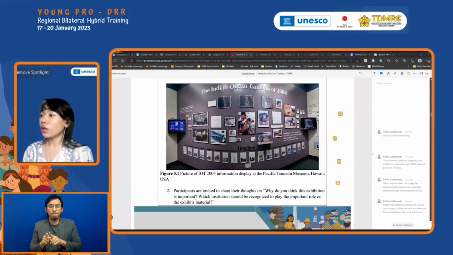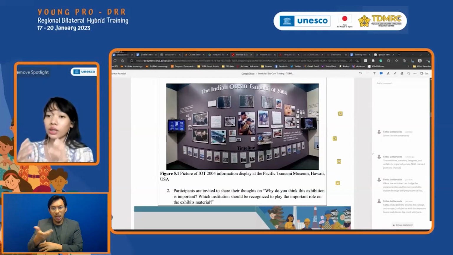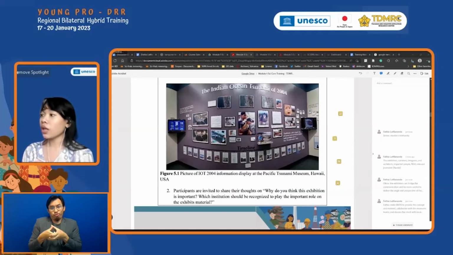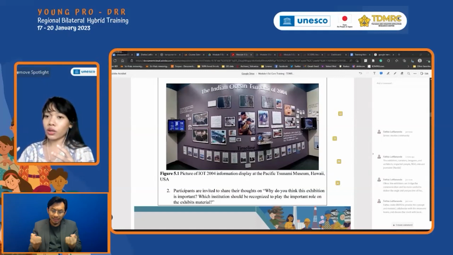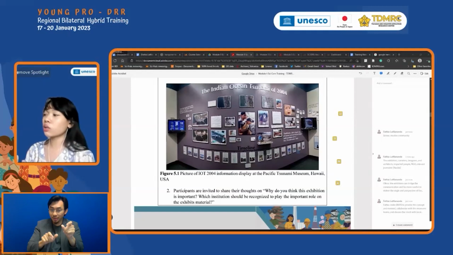Since it delivers the raw trauma of our community, I believe we will invite BNPB, the National Agency for Disaster Risk Management, because I think they have a designated team that focuses on communicating and educating people about disaster risk management.